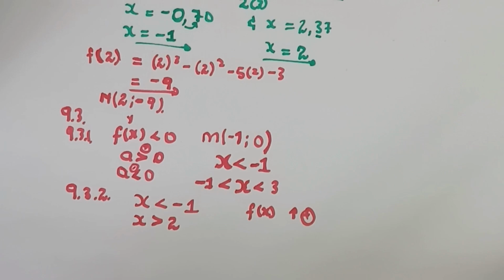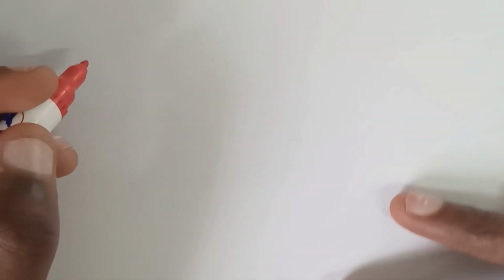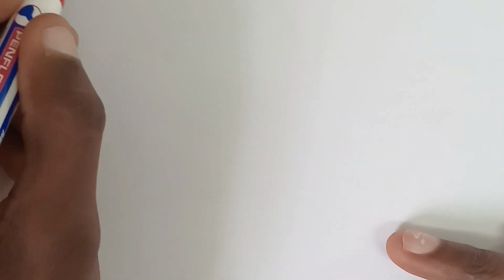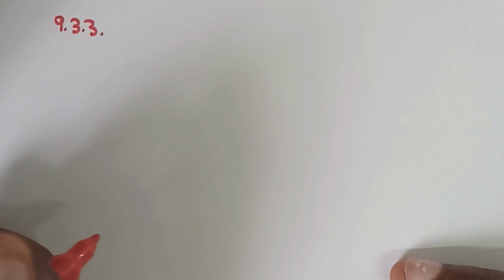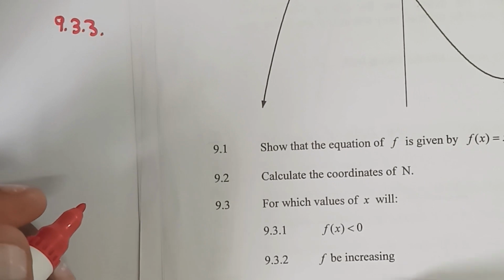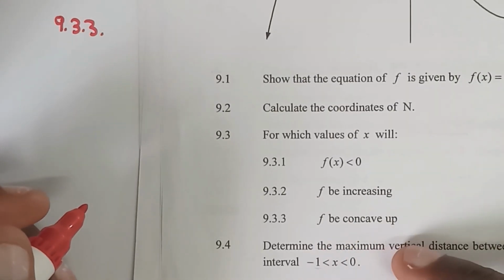Okay, now let me remove this one, and then let's say now 9.3.3 here. 9.3.3: for which values of x will f of x be concave up.